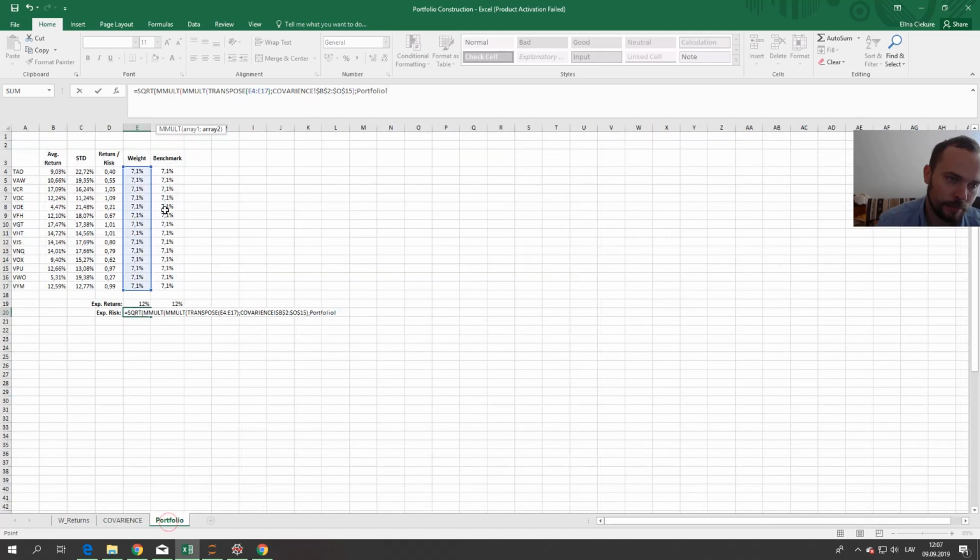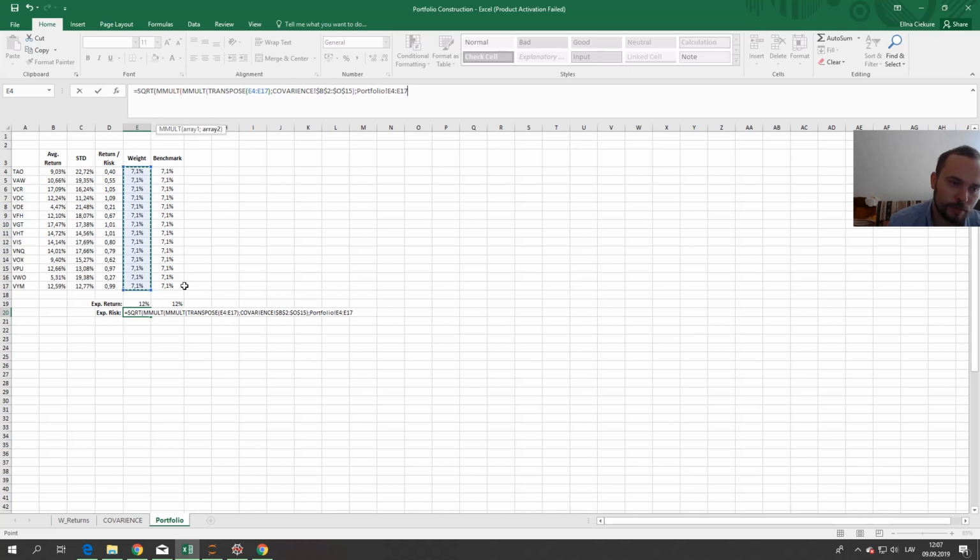Then go back and take the weights again, but this time we don't transpose them. If we had transposed them, that means we had a line of values multiplied with this matrix, and we got another line, which is a horizontal vector.